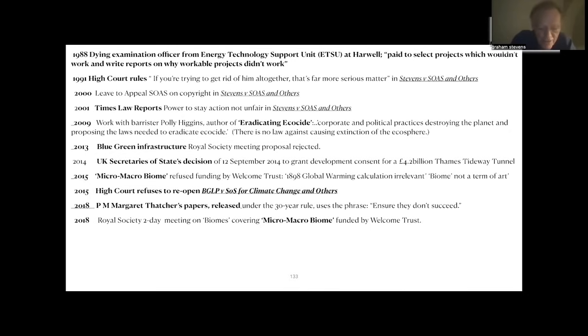So that is how the case for building the blue-green version of water treatment has still yet to be heard in the court.